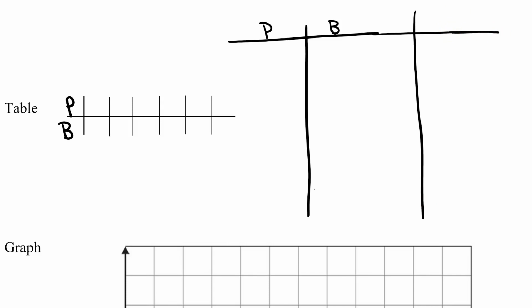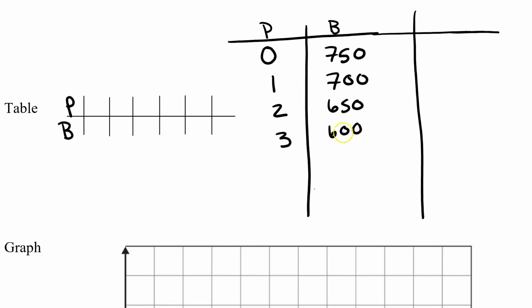coordinate points. So if I've made 0 payments, I know that my balance is 750. If I've made 1 payment, it's going to be 700. If I make 2 payments, it's going to be 650. 3 payments, 600. 4 payments, 550. And 5 payments, 500.